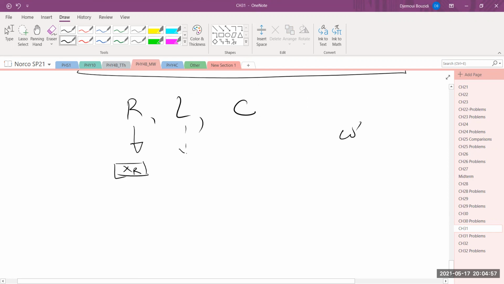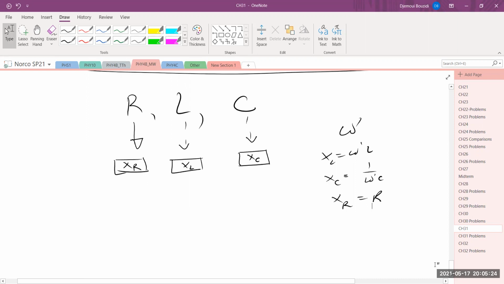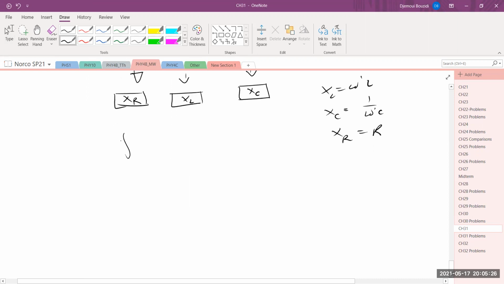You take this one and you convert it into a black box as far as you're concerned, and it's called an XL. You take this one and you convert it to another black box that is called an XC, where XL is omega prime L, and where XC is 1 over omega prime C, and where XR is just the R itself. And then you redraw the shape based on the new diagram and use Kirchhoff's rules after that.